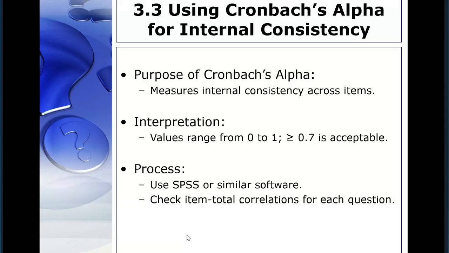Calculating Cronbach's alpha in software like SPSS involves generating an alpha coefficient for each item and reviewing item total correlations. High values indicate that each question aligns well with the overall scale. In consumer behavior studies, Cronbach's alpha helps verify that questions about satisfaction, trust, and recommendation consistently capture overall consumer sentiment.